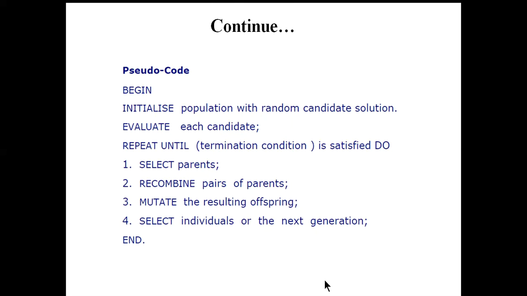Now we continue a loop where it is written: repeat until termination condition has been reached, do loop. And first of all, select the parents. The selection is based on the fitness value. The parents which have more fitness have a higher probability of being selected as parents.